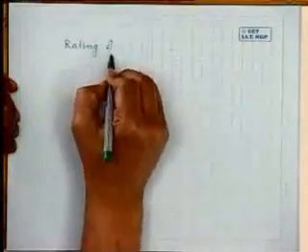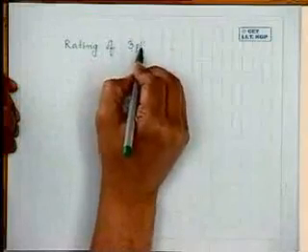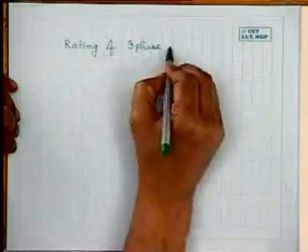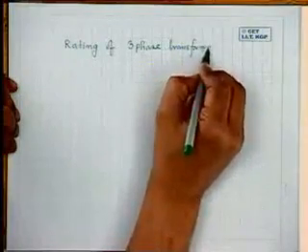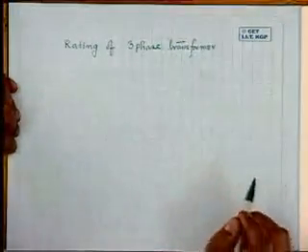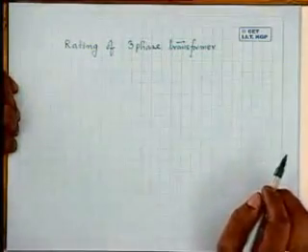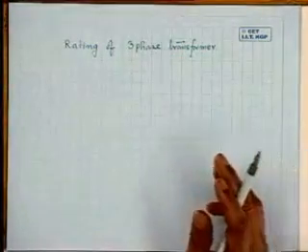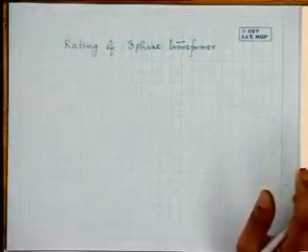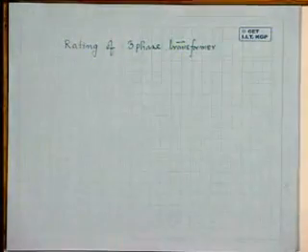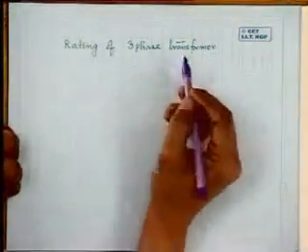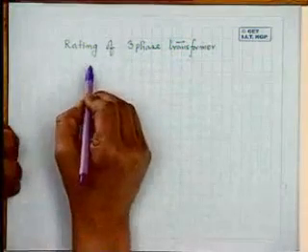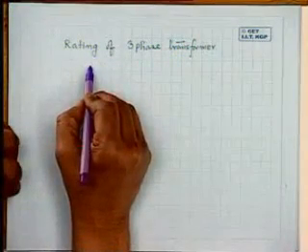Rating of three-phase transformer. What will be specified on the nameplate? In case of single-phase transformer, I know kVA, voltage ratio, frequency will be mentioned. Now, when a transformer is manufactured as a three-phase transformer, a typical rating on the nameplate you will find like this.